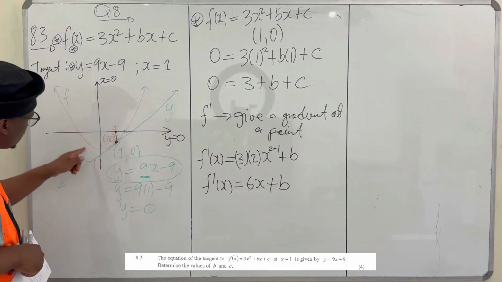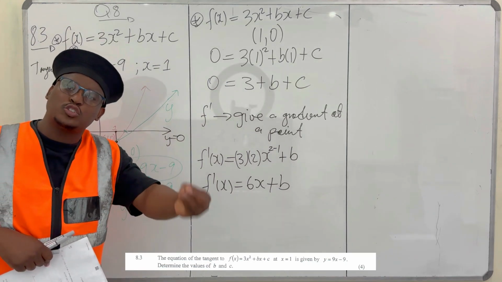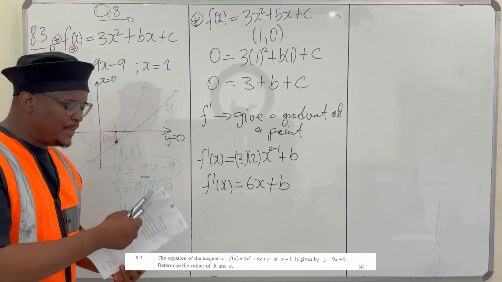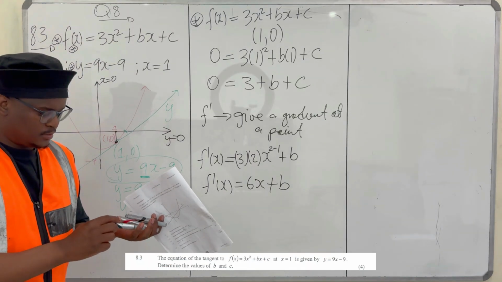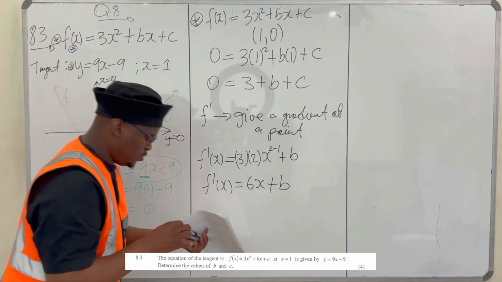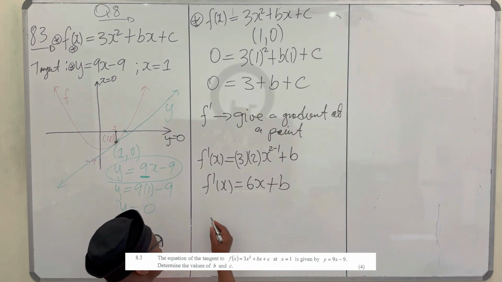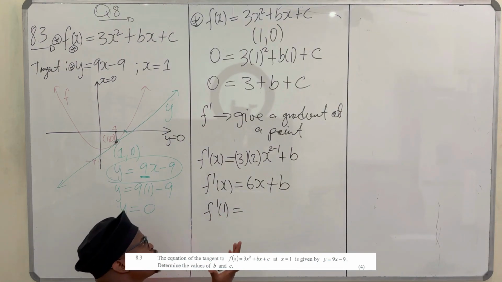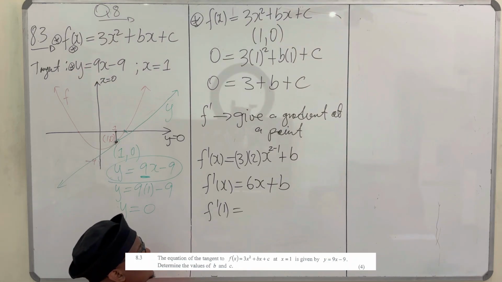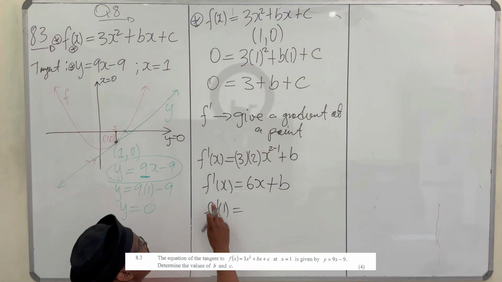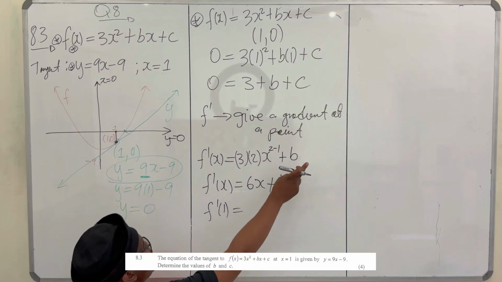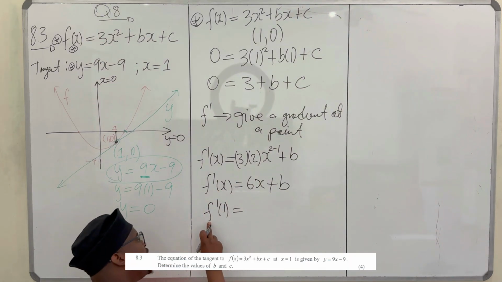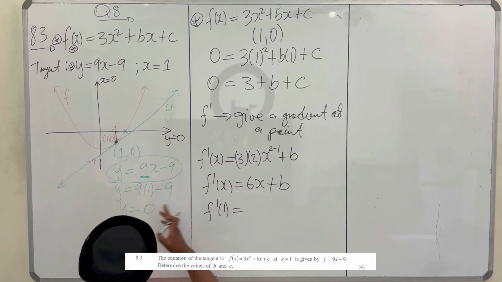So even on the red one, the gradient should also be 9, which means f prime at 1 should also equal 9. Do you understand? I said f prime gives a gradient at a point. So f prime at x will give you the gradient at point x, so f prime at 1 should give you the gradient at x is equal to 1.